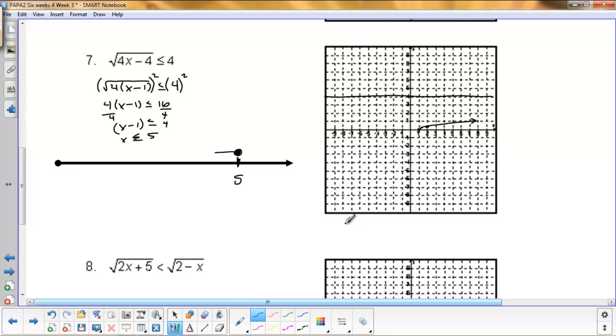The other thing I have to recognize is that this thing actually has a starting point, and I have to be very mindful of that starting point because all values to the left of that starting point are undefined. Therefore, they are not part of the solution set to this particular problem. So I've got to understand the restriction on the domain is greater than or equal to 0.